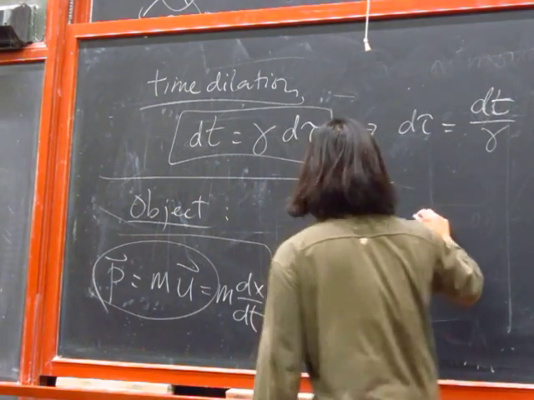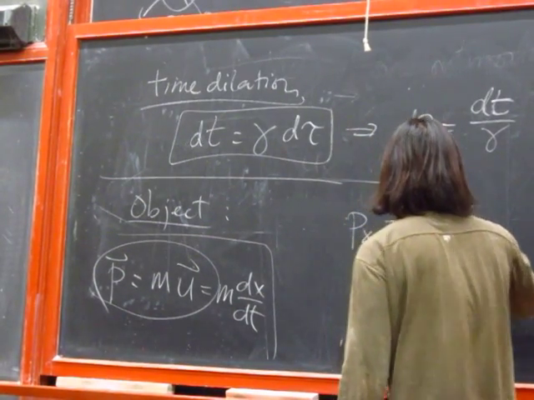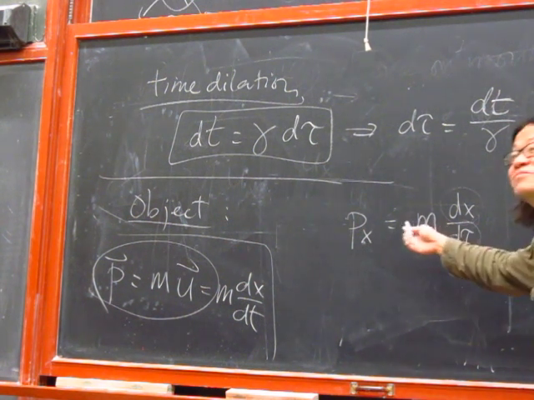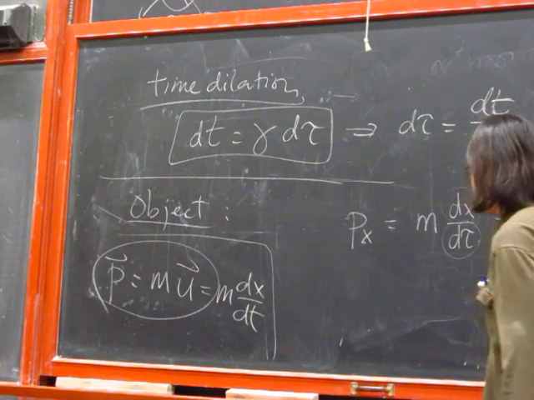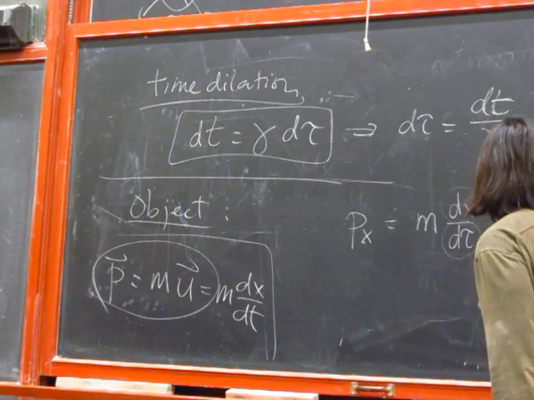This is given by m dx/d tau. Now x transforms like a Lorentz transformation, but tau is invariant. So this object might have more promise, as you will see. Since d tau is dt over gamma, this becomes gamma m.